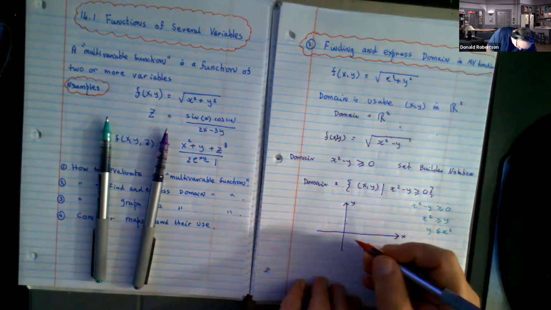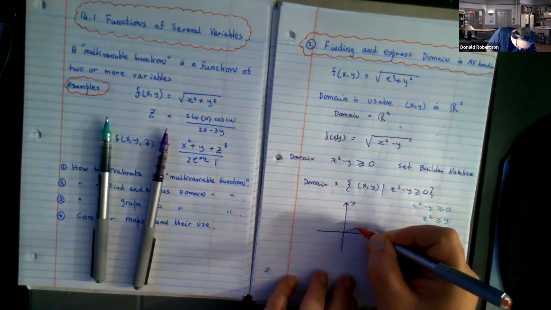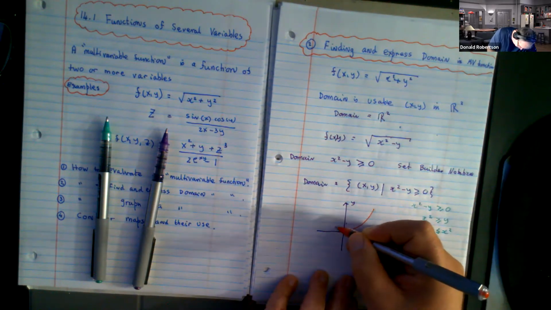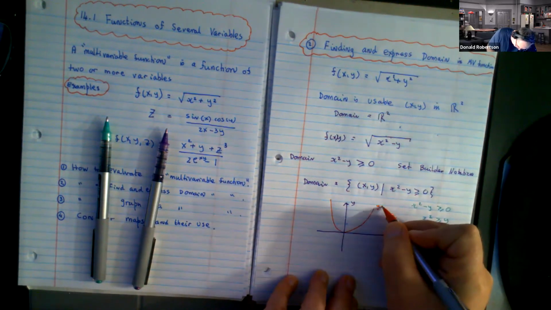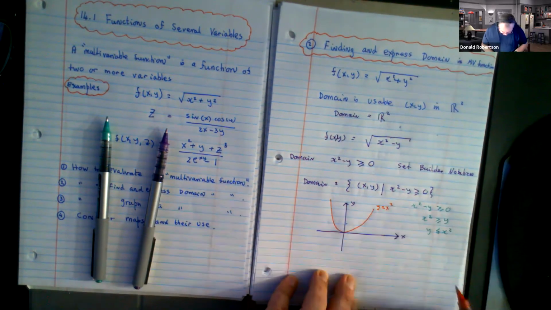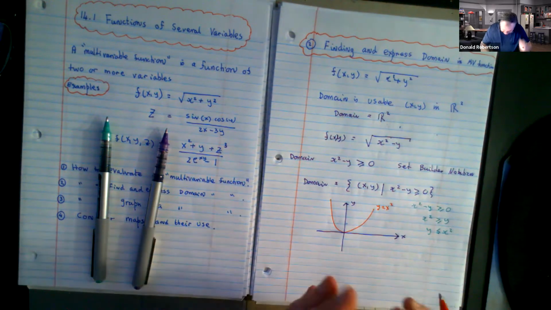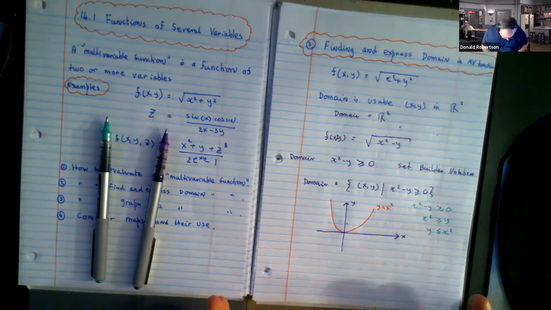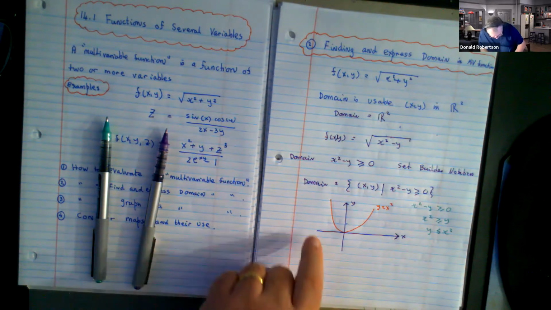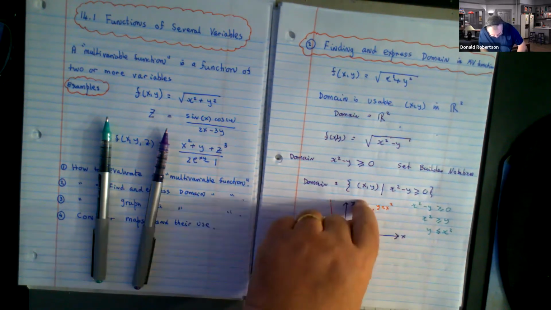So you would draw the curve y equals x squared. And then you'd think of this as slicing the two-dimensional world into two regions, the region outside it and the region inside.